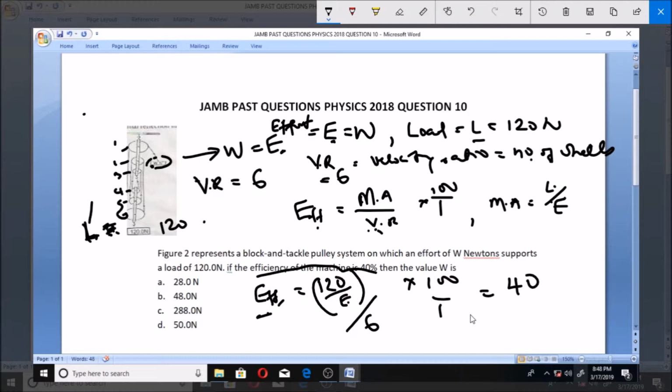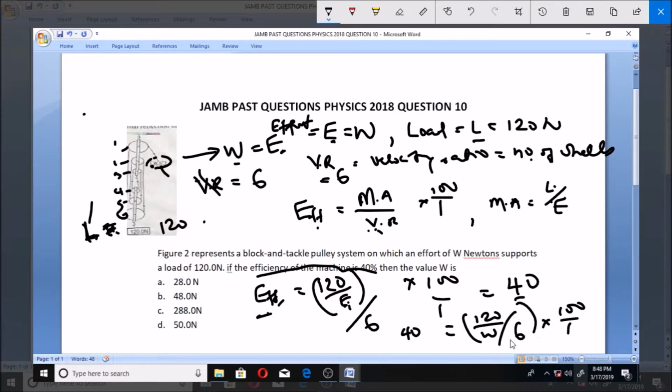What is left is to make E the subject of the formula, which is the effort, and E is the same thing as W. So we now have 40 equal to 120 over W, all over 6, times 100 over 1.